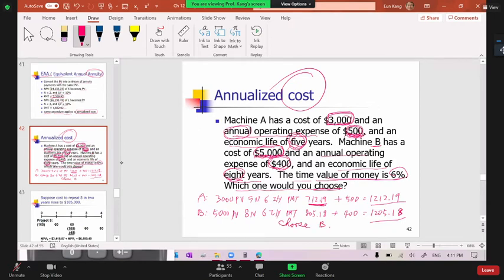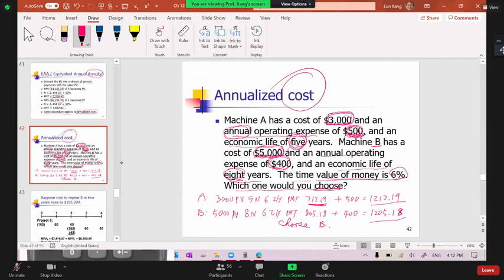Okay. So Professor, I have a question. So for example, if the annualized cost of B is lower and A is higher, but the economic life is shorter, would you choose B? No, everything depends on numbers. Okay, don't forget.